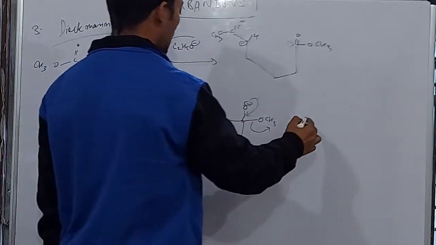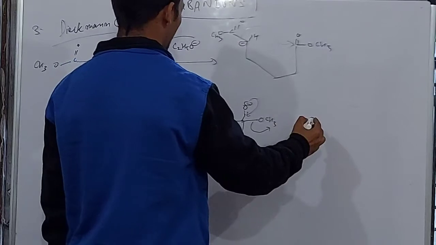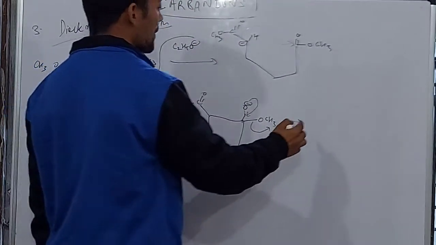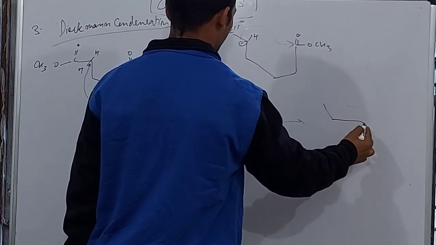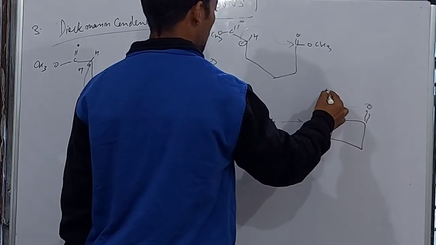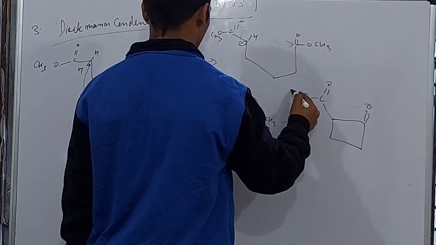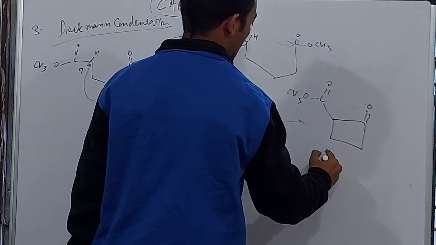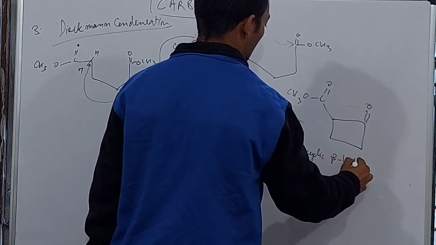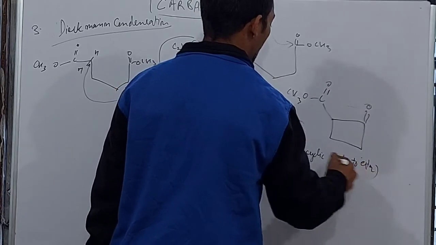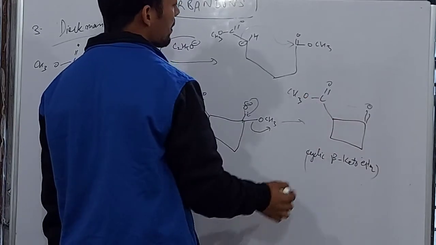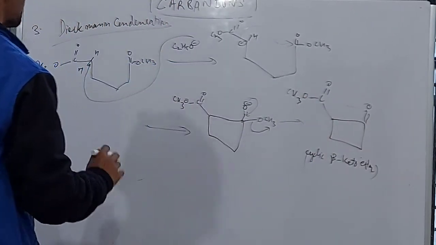So finally we get a cyclic beta ketoester in the form. So this is a cyclic beta ketoester. As you can see, this is the beta position, this is the ester. So yeah, this is all about Dieckmann condensation.